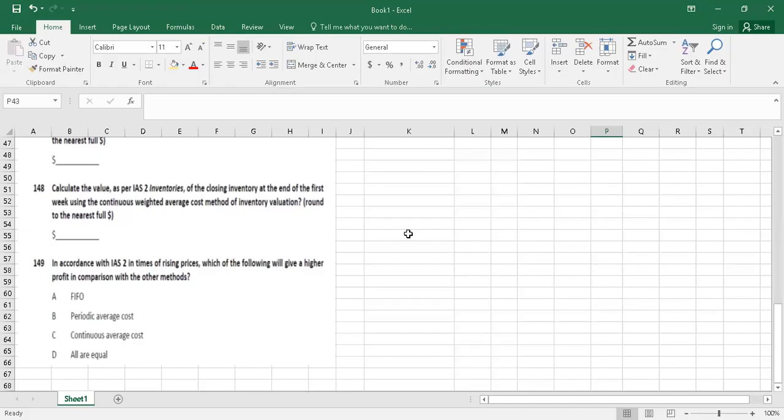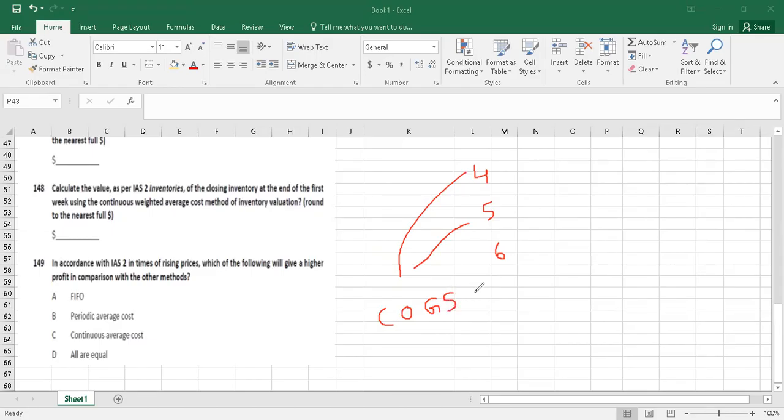See, when the prices are rising, every time the entry is made, if it is FIFO, for example, the prices are 4, 5, 6, something like this. When goods are issued out or sold, first this price will be charged, then this price will be charged next, and then it goes on like that. So the cost of goods sold, the cost charged to the units that are sold, will be at a lower price.